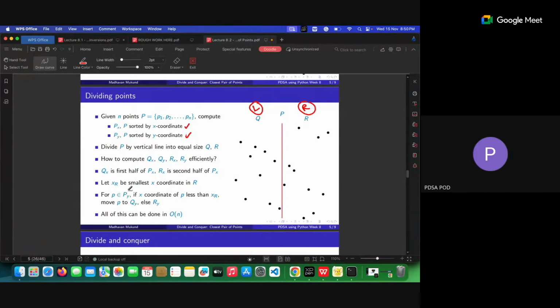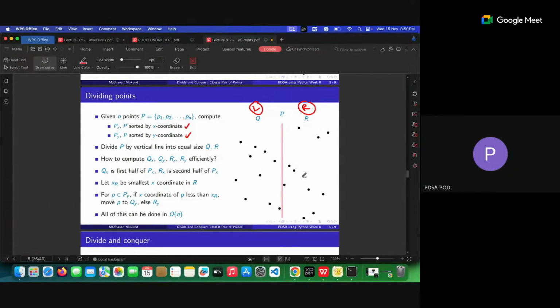Let xr be the smallest x coordinate in R. For each point P in Py, if the x coordinate of P is less than xr, we definitely shift it to Qy.